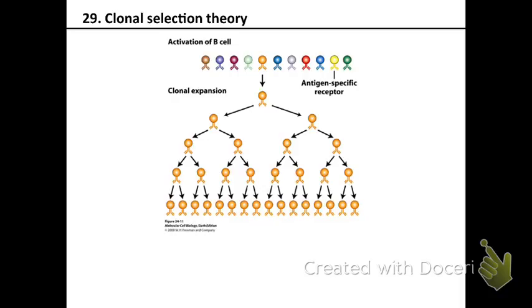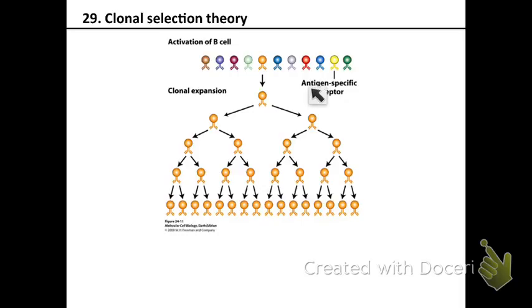But the first step of activating the immune system is the recognition of the antigen through protein-protein binding to these receptors, okay? So you have a whole collection of antigen-specific receptors ready to go.